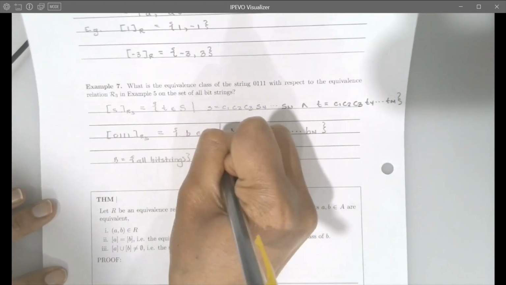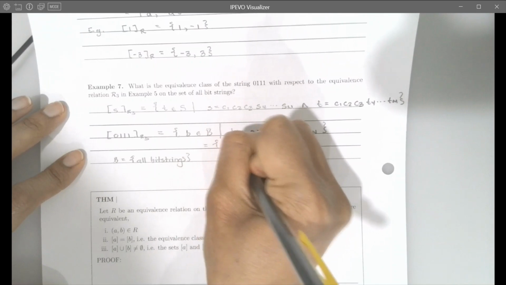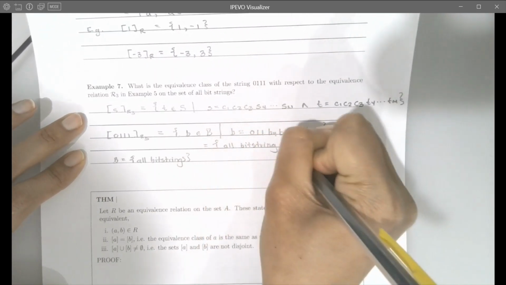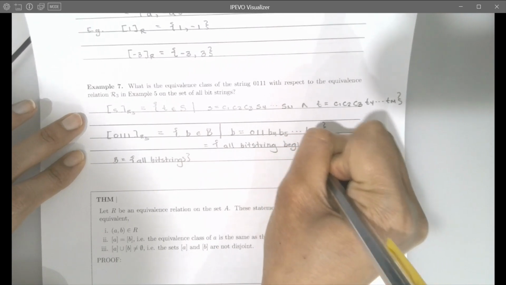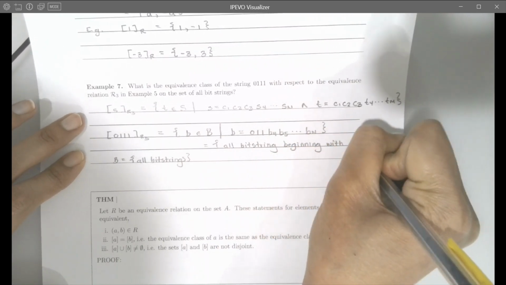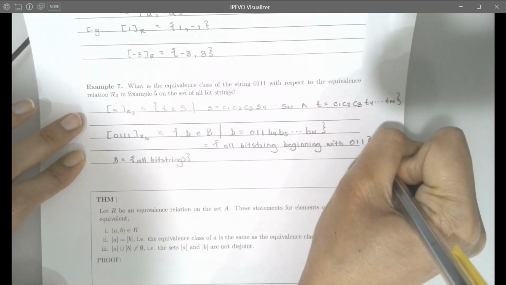Or if we want to write it out in words, all bit strings beginning with 0, 1, 1.